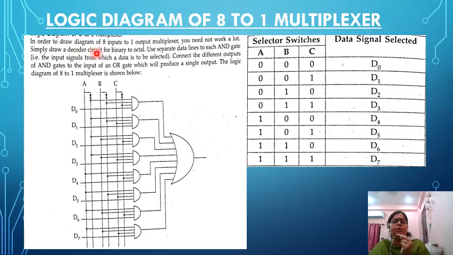In order to draw the diagram of an 8 inputs to 1 output multiplexer, you need not work a lot. Simply draw a decoder circuit for binary to octal. See, the decoder circuit is there, D0, D1, there are 8, 0 to 7. Use separate data lines for each AND gate, that is the input signals from which data is to be selected.